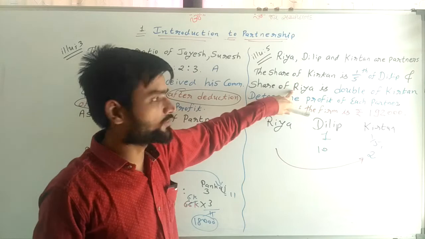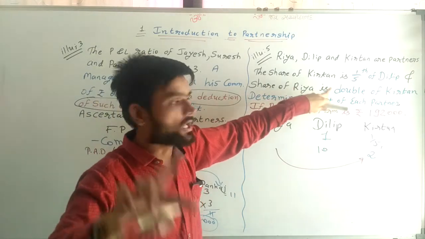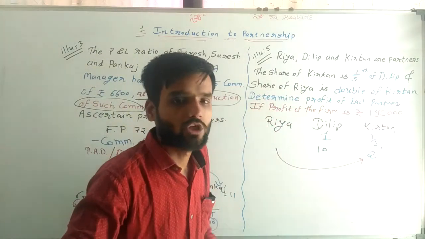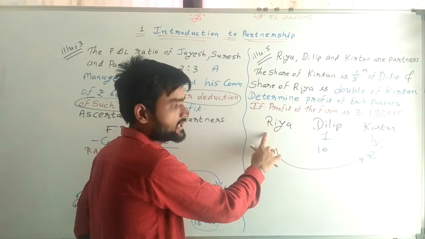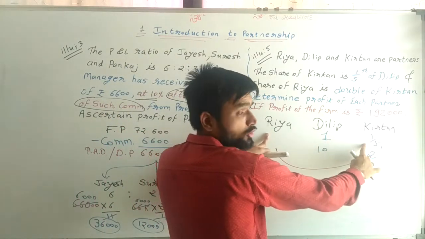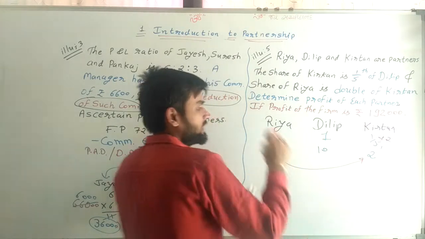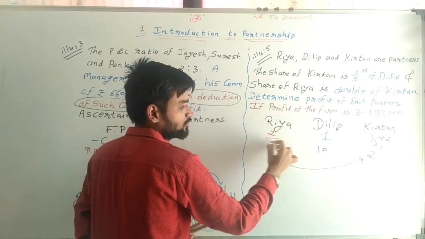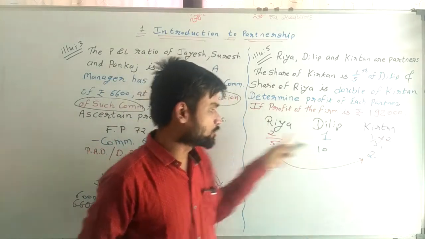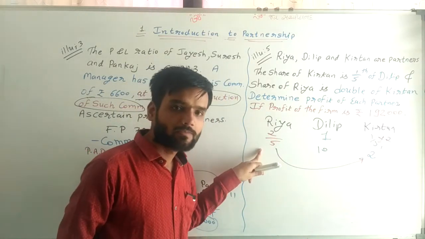So Riya's profit is double of Kirtan. Kirtan's profit is 1/5, and multiply it by 2, then Riya's profit is 2/5. 2 ones are 2, 5 as it is.